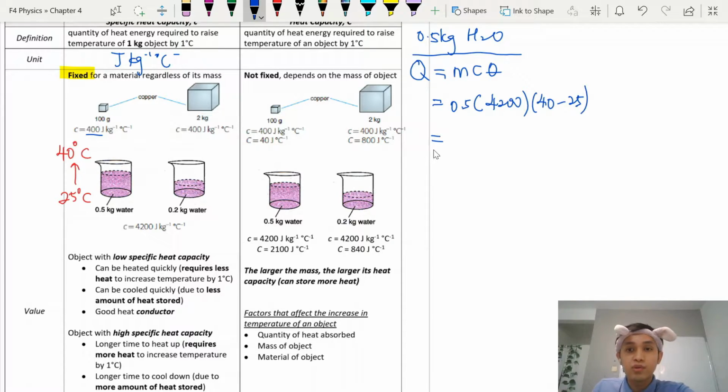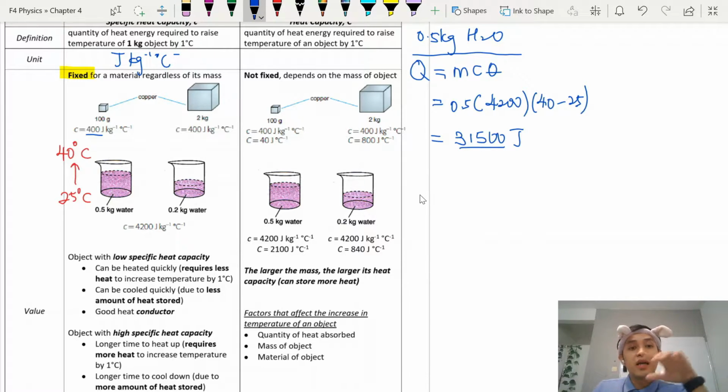So if I calculate this, what is the heat energy required? We get 31,500 joules. Meaning for 0.5 kg of water, if I want to increase the temperature from 25 to 40, the amount of heat energy I need to give is 31,500 joules.